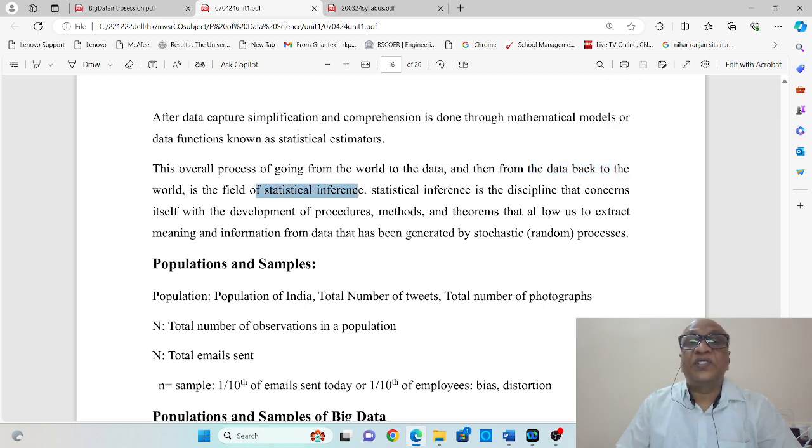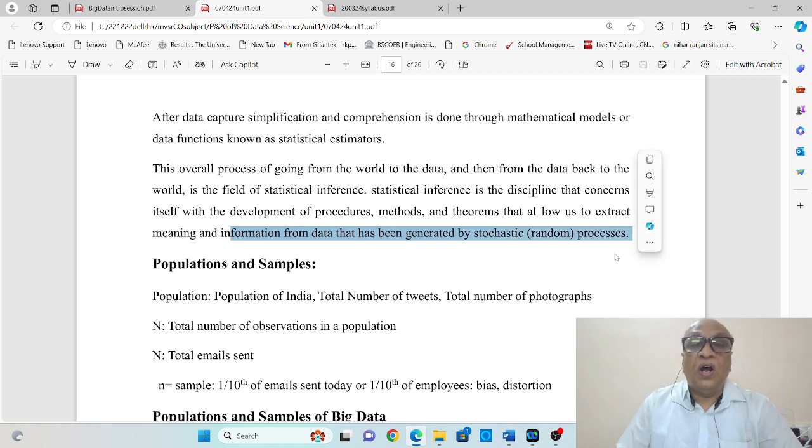This is called statistical inference. So, the definition of statistical inference: it is the discipline that concerns the development of procedures, methods, theorems that allow us to extract meaning and information from data that has been generated by stochastic processes.